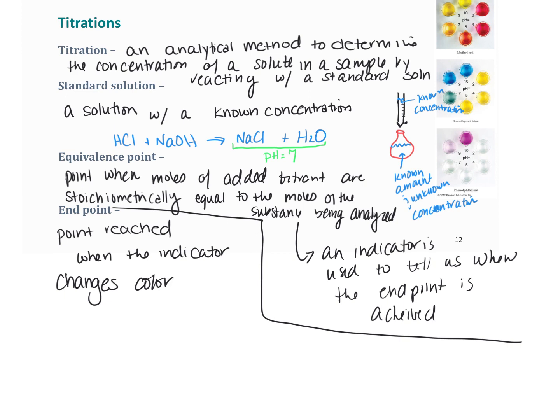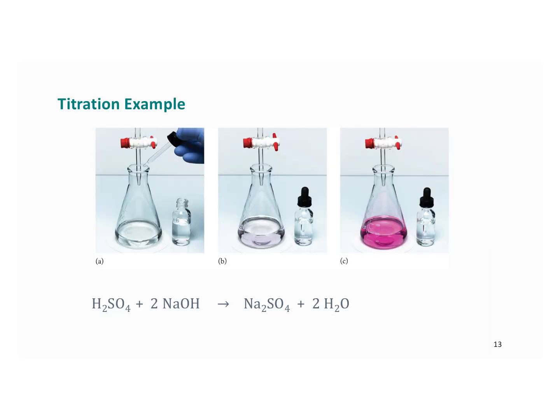Okay, so when we look at this, I want to show another example. This is when phenolphthalein is added here. What you have here is an acid with an unknown concentration. And in the burette here, and that's just the bottom part of the burette, you have a base with a known concentration.